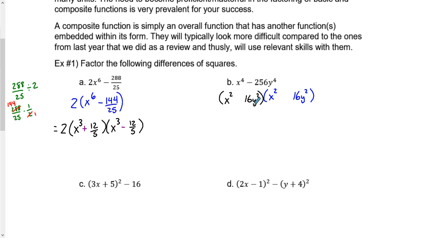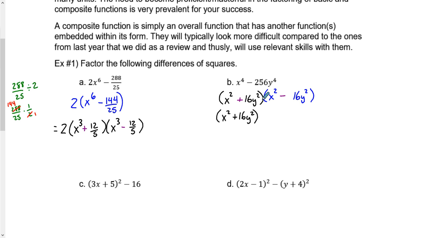Make one positive and make one negative. What we can then see from here is we have a square adding another square, which means that this factor right here is prime. This binomial is prime, so we can't do anything more with it. It would just be x squared plus 16y squared.